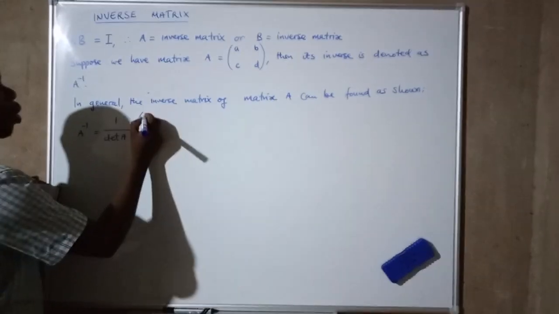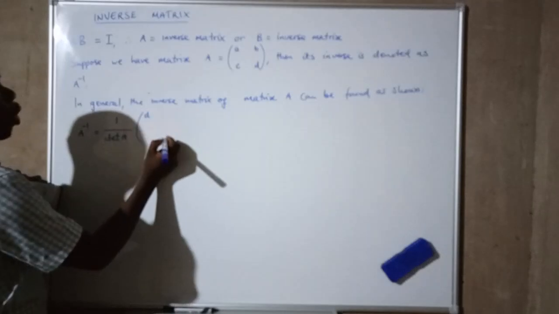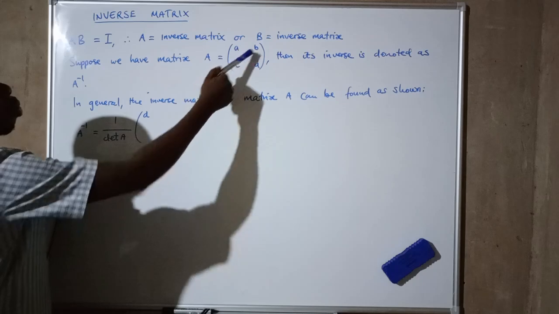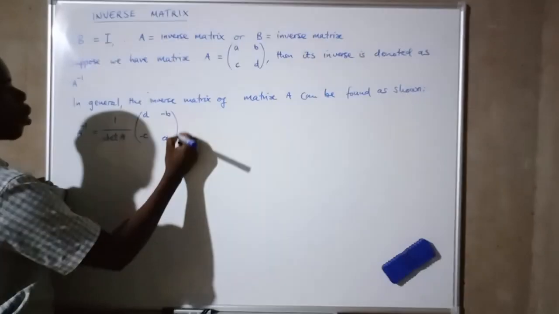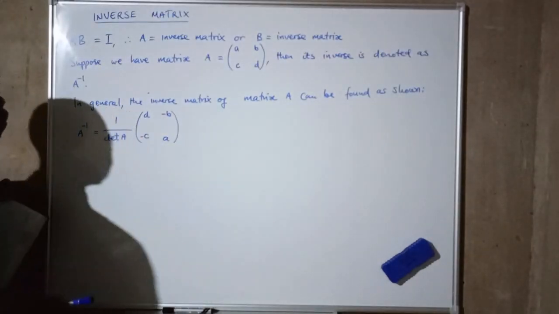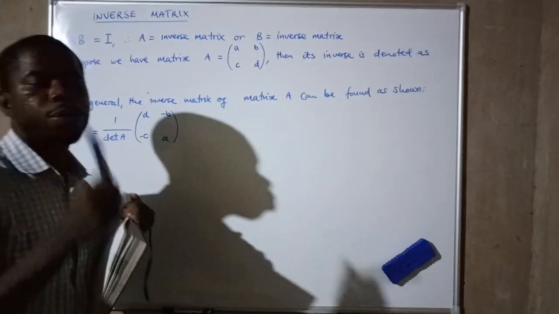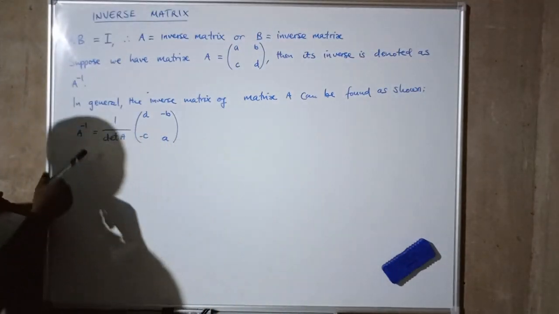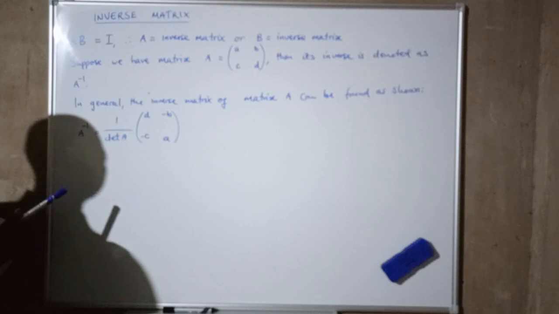D comes where there is A here, then A comes where there is D. Then we put negatives on these which are in the minor diagonal. So we have negative B, and here we can have negative C. This is the formula for finding the inverse of a matrix. Any matrix that you are given can work using this formula.